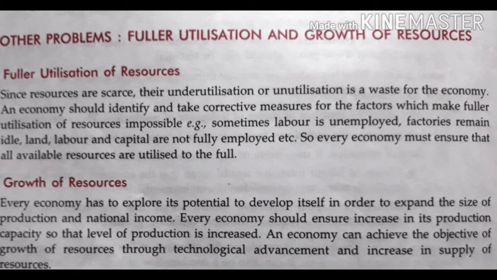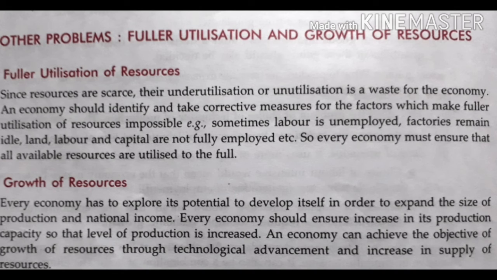There should be an increase in the production of all these goods and services, because the money value of all these goods and services makes up our national income. If we take the money value of all the goods and services, it will give us domestic income.